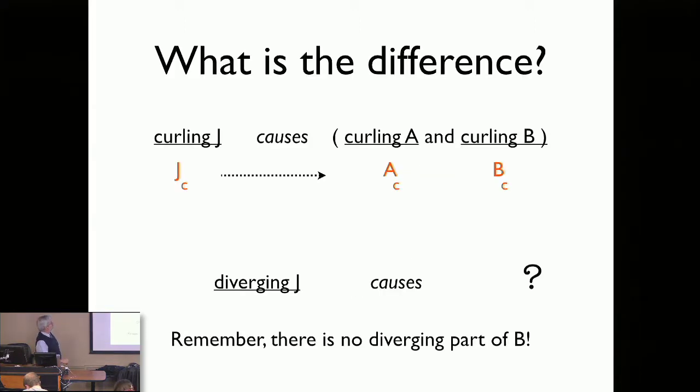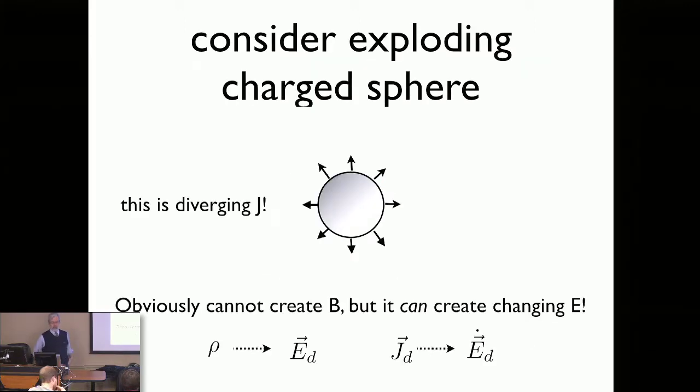Okay, so remember we said that the curling part of J causes a curling A and a curling B. And so now we're trying to figure out what the diverging part of J creates. It doesn't create a magnetic field. It doesn't create an A field. Let me give you a specific instance. Suppose we had a charged sphere, a sphere with charge placed on it, and we blow it up.